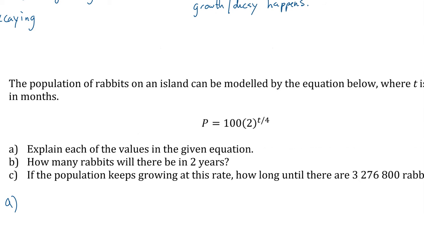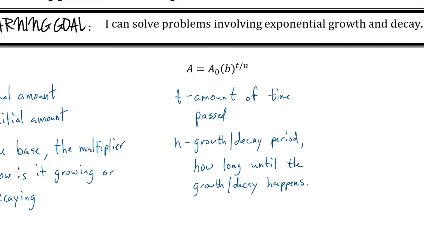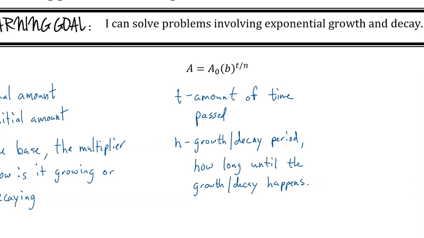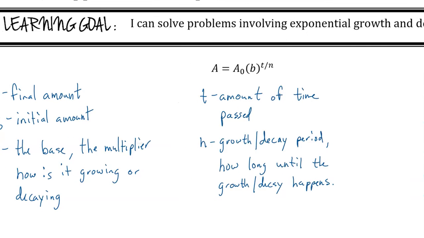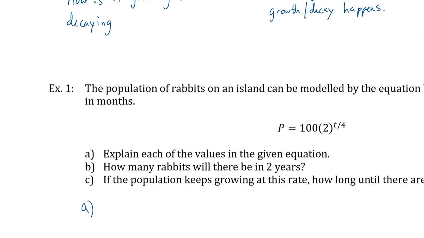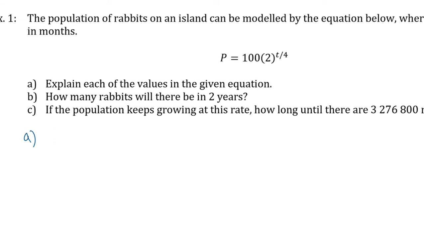So what are those? Well, let's do it from left to right. What is the 100? Where is it? Well, it's the A naught. It's the initial amount. So in this case, I'm not just going to say it's the initial amount. Initial amount of what? Rabbits.